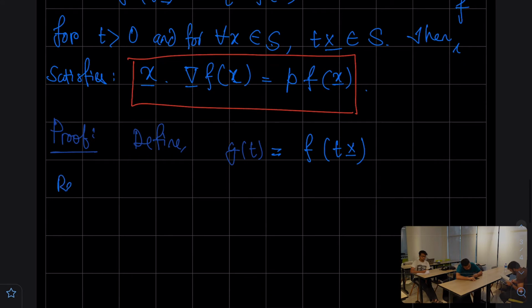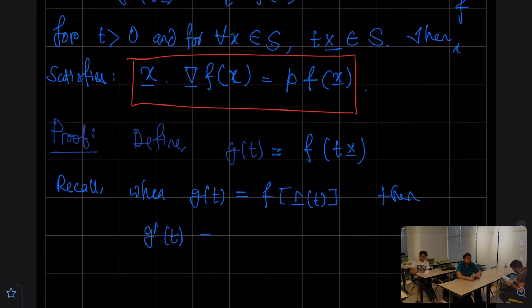Now recall that when g of t is defined to be f of r of t, remember? Then we found this result. So is it a vector function? Yes, vector valued function. We found this one, no? Okay. Now we are going to do the same thing here.